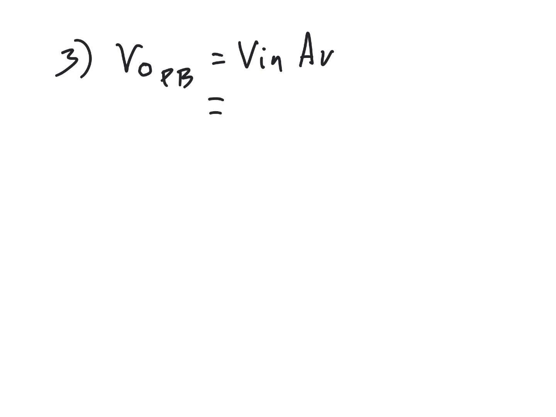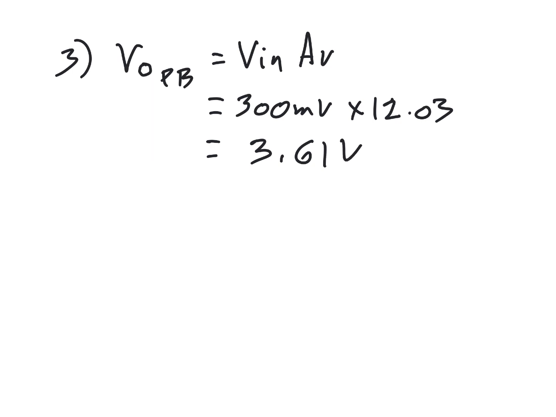So that's 300 millivolts, and this will use the gain as a ratio, not as the dB. So 0.3 times 12.03 equals 3.61 volts.